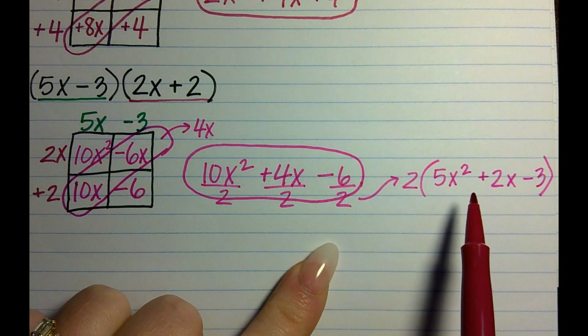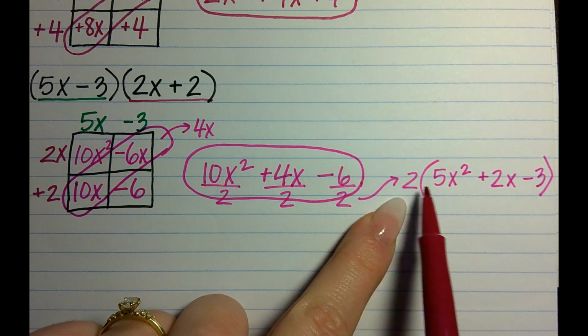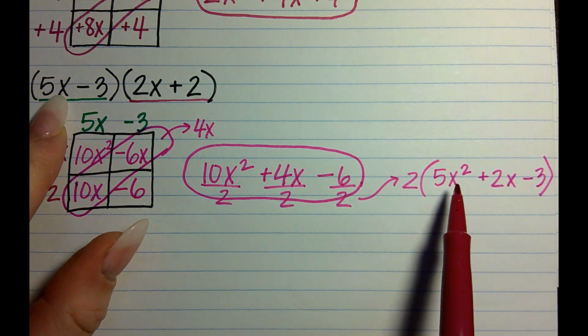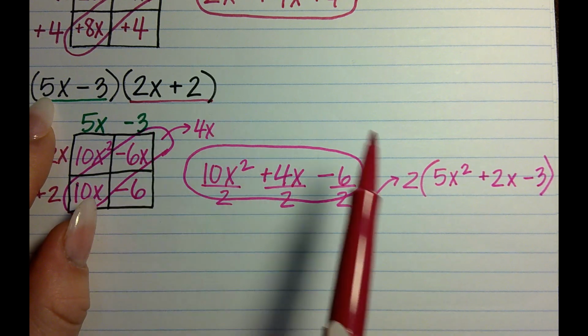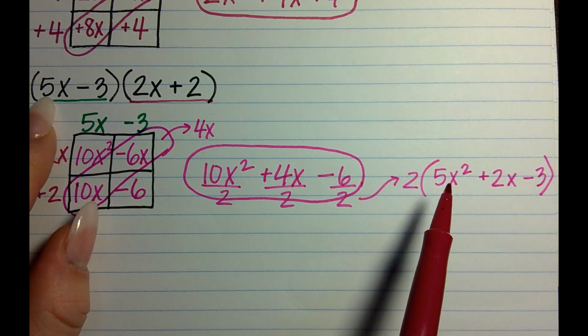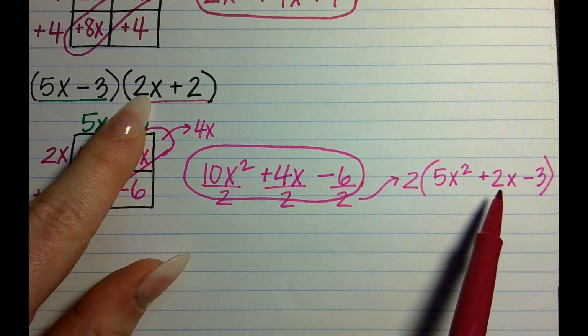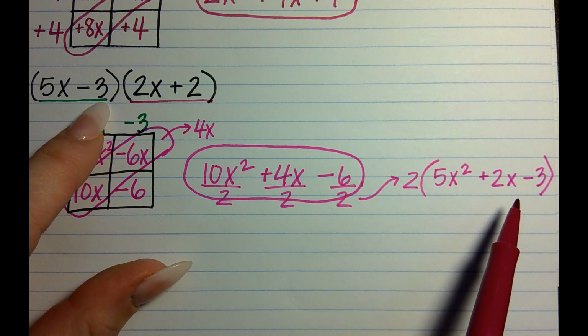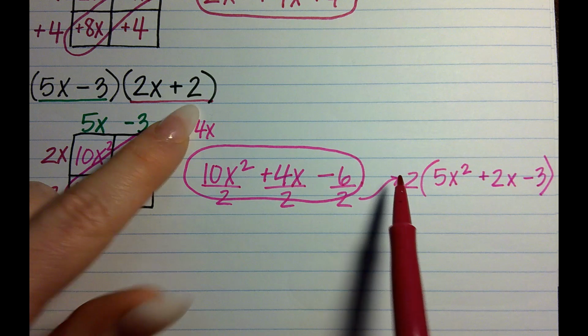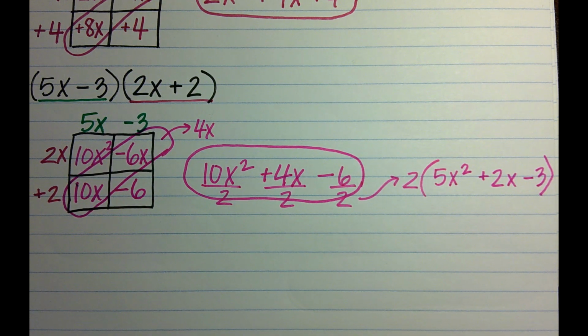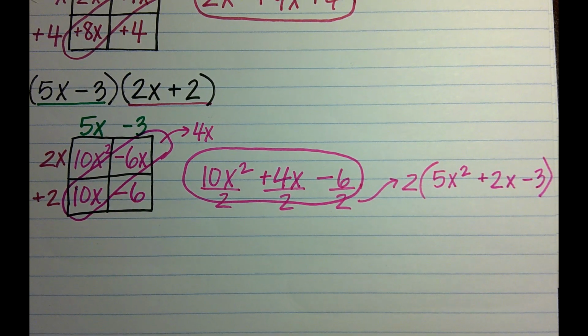But you can see there are some similarities between what we just got and our original problem. We have a 5x squared, 2x, minus 3, and there's the 2. Kind of interesting, all the numbers are there.